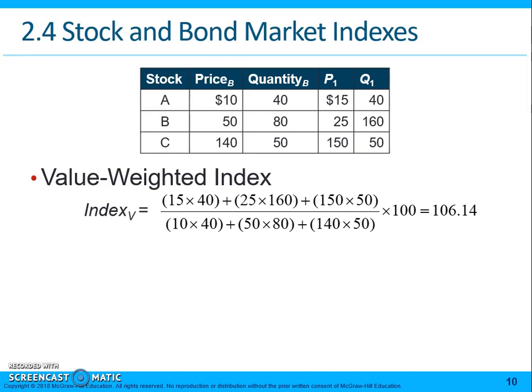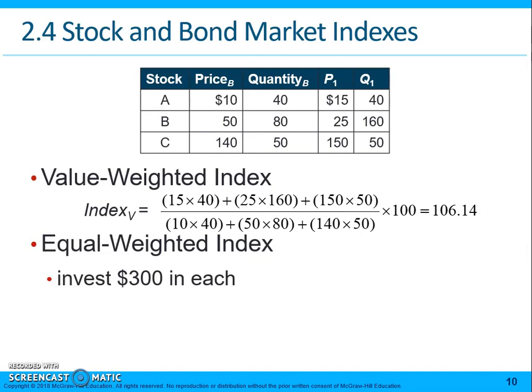An equal weighted index, on the other hand, is concerned simply with the return of each stock. You assume that you invest the same amount in each stock. In this case, we're going to assume we invest $300 in each stock and then see what happens at the end of the period.